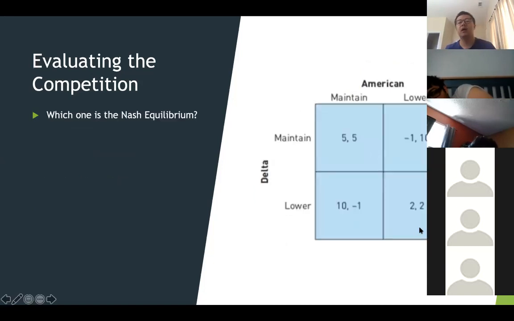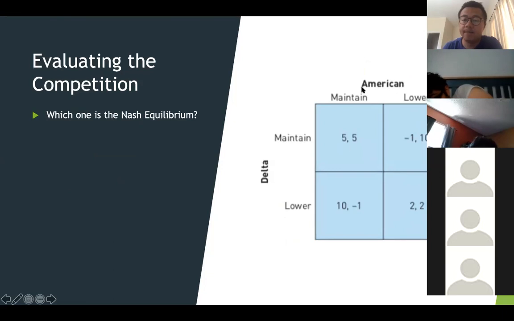For here, it's the same thing. You can see for the Nash equilibrium, players move simultaneously and have to achieve the best payoff.